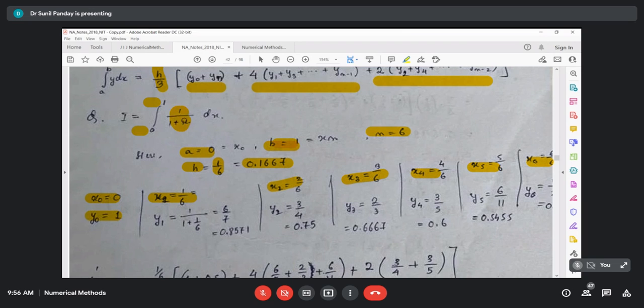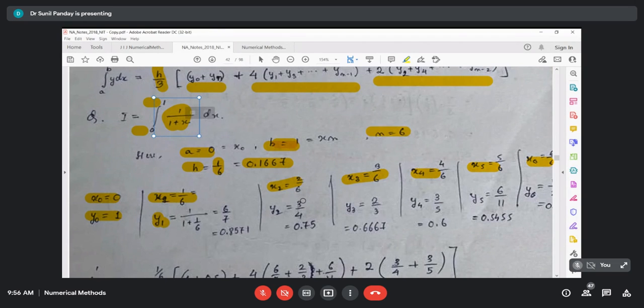Then we have to calculate the values of y. I have to substitute here x equals 0. If I substitute x equals 0 here, that is 1 upon 1. Now, because I want to know y1, I have to substitute here x equals 1 by 6. So this is 1 upon 1 plus 1 by 6, that is 6 upon 7. To calculate the value of y at x2, I have to replace this x by 2 by 6.